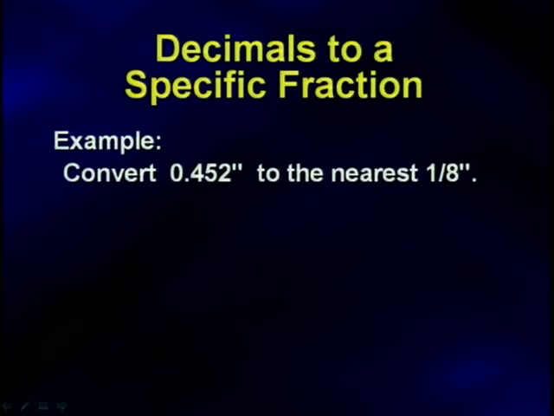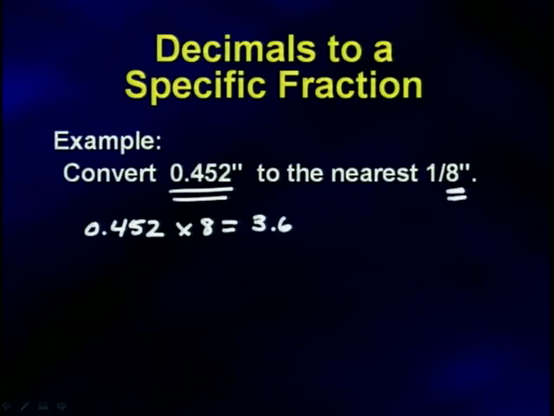Well, what we're going to do when we round to an eighth is we're actually going to multiply the decimal by 8. So 0.452 inches times 8 gives 3.616 thousandths.